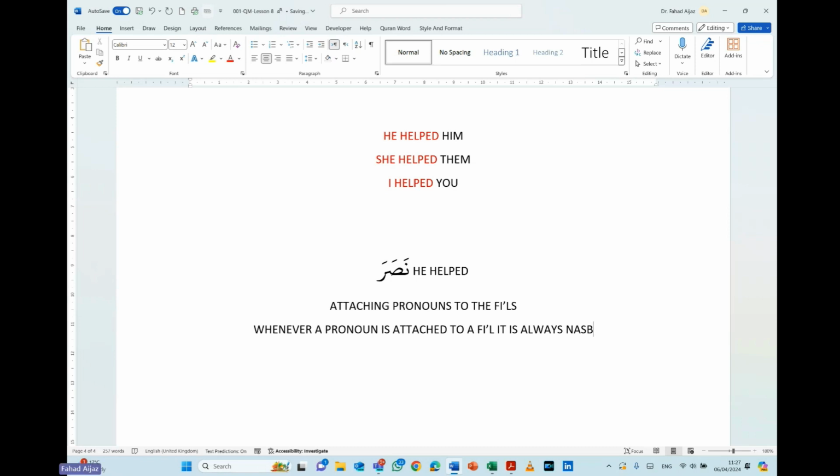An attached pronoun to a fi'l will always be nasb. So for this exercise to really work for you, you need to know the attached version of the pronoun. So you need to know what is the attached form of huwa is, or huma is, or antum is, and so on and so forth, right? So I'm assuming that you're comfortable with that. So let's move on, inshallah.